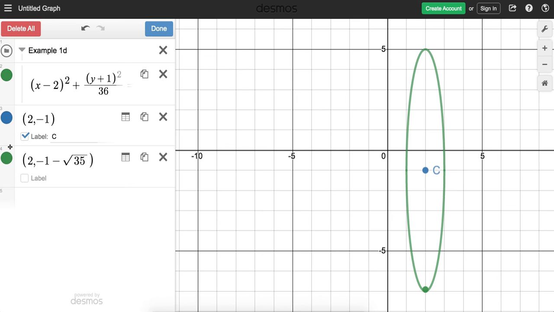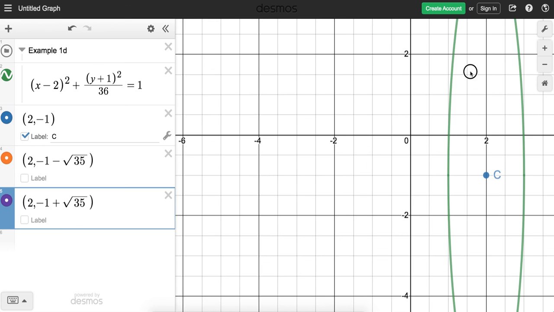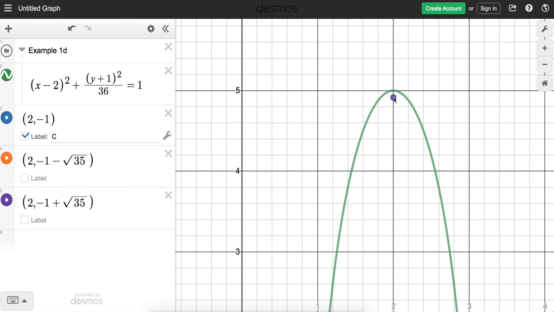Let me make it a different color here. I'll go orange. There we go. And then our next one is going to be 2 and then −1 + √35. So again, I'll zoom in on this one. It's very, very close to the edge of the ellipse.